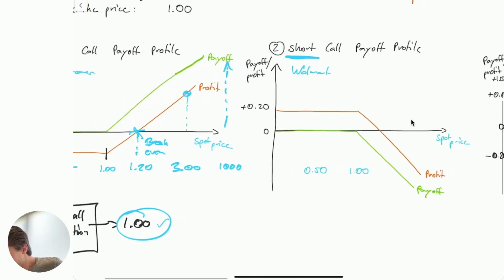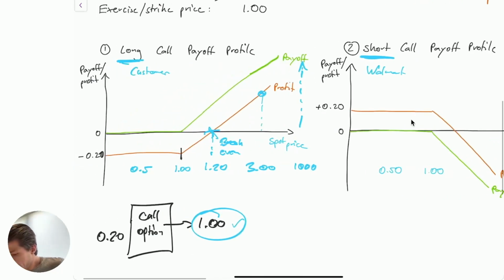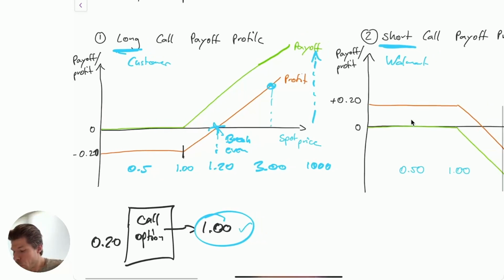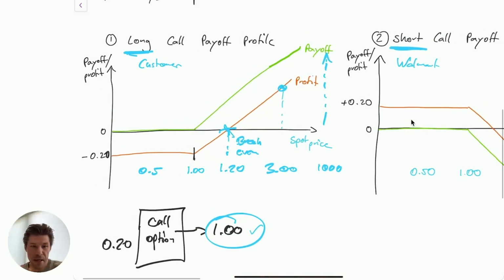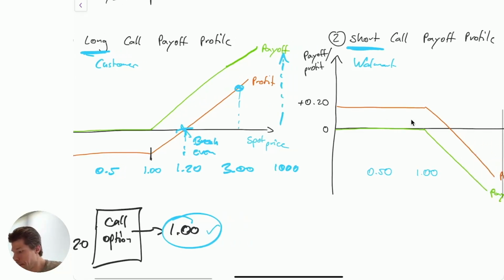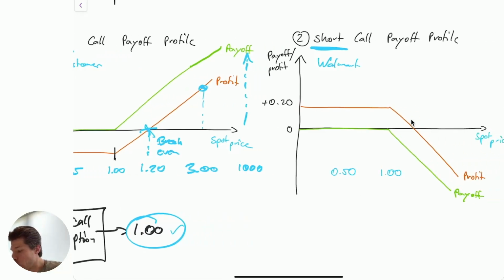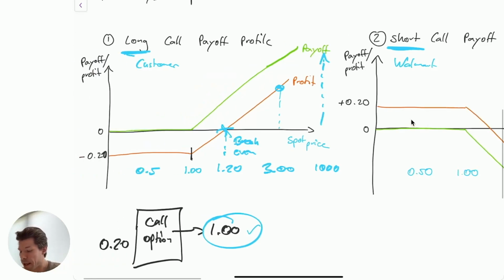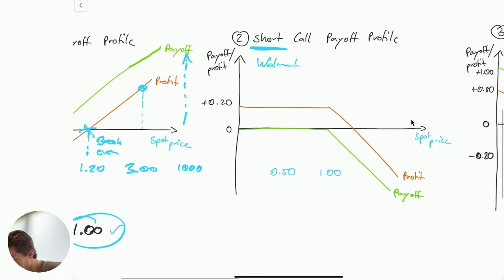The picture looks exactly different. Here, if the apple costs 50 cents, you wouldn't exercise and you would say, no, I just buy the apple for 50 cents. You wouldn't use your call option. Then Walmart would just receive 20 cents profit because Walmart has issued this piece of paper and you bought it for 20 cents.